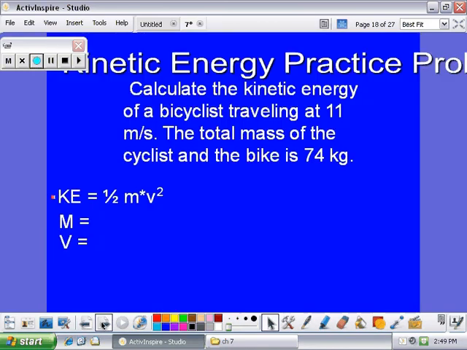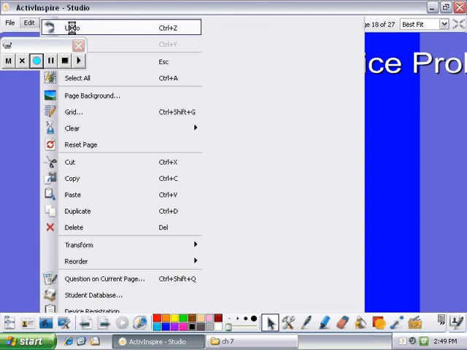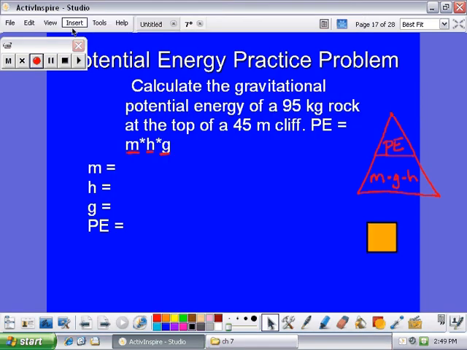If you cover up the M, that's what you're solving for. So that is what you would solve for to find the mass of the object if you're given the potential energy and the gravity and the height. Here we are just solving for potential energy.